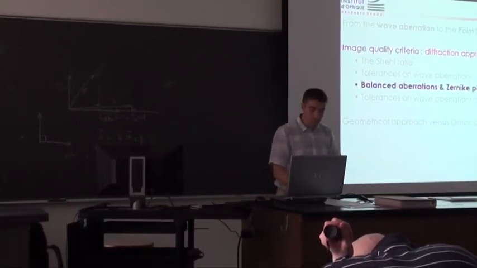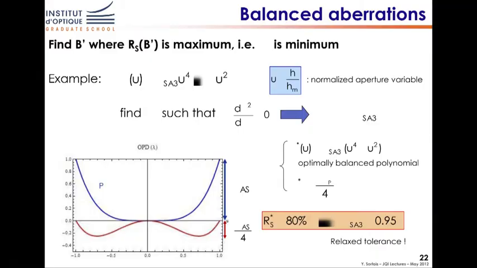Okay. This problem is related to the problem, well, so I'm giving an example here. You ask yourself the question, yesterday we saw what is spherical aberration. But we ask ourselves, find a point B prime in space where the Strehl ratio is maximum.